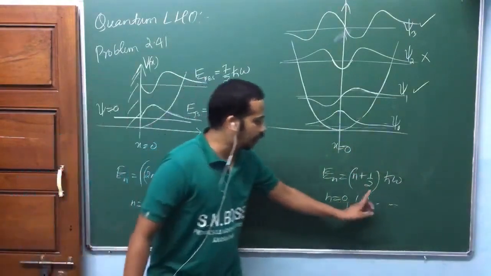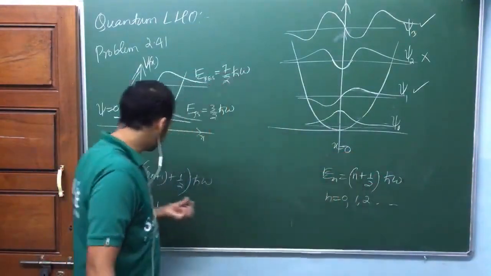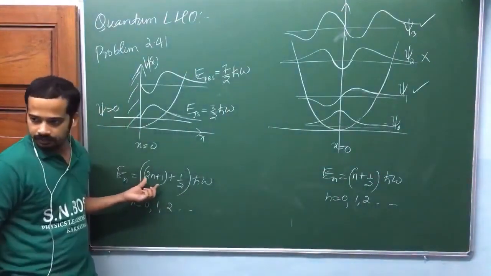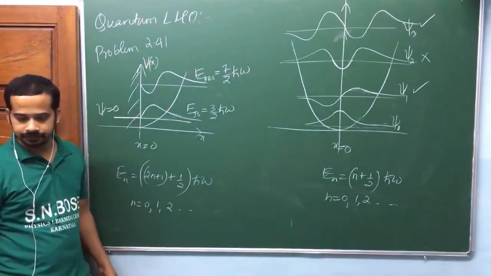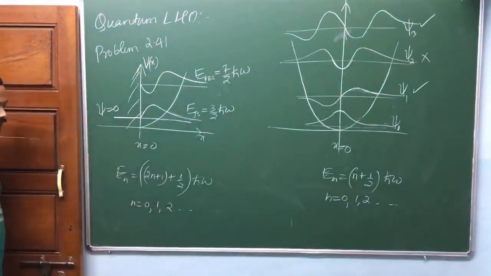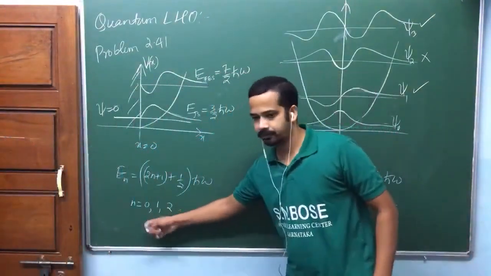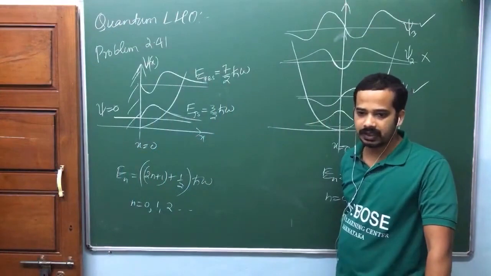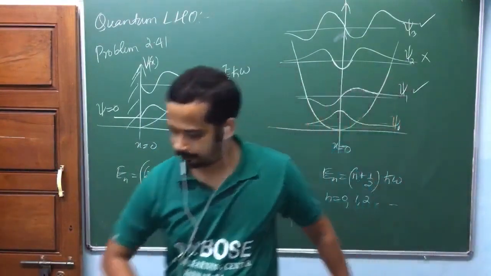Now only odd n's are allowed. In place of this, I will write 2n plus 1, which is always odd. That's it. Now you got the states, where n starts from 0. I have just redesigned that. Okay?